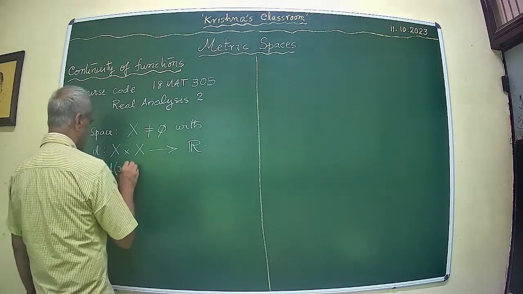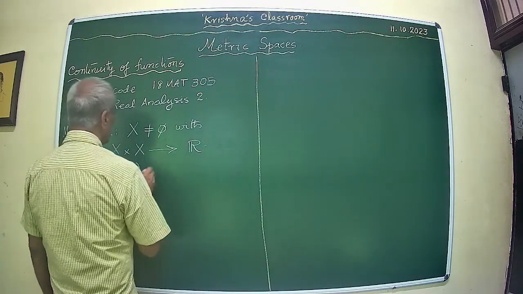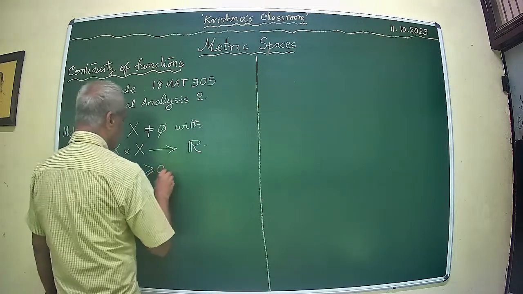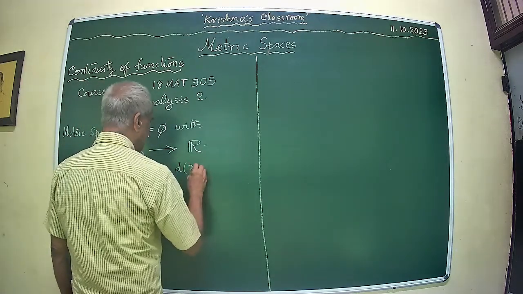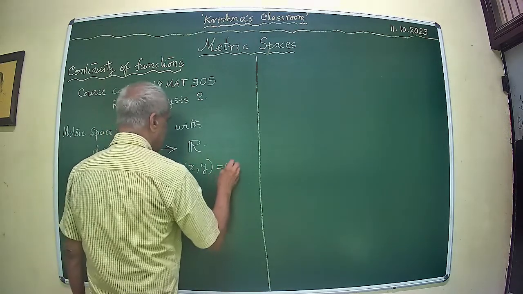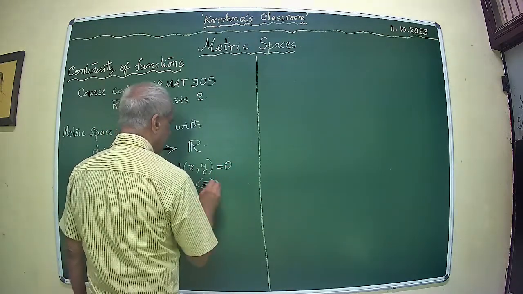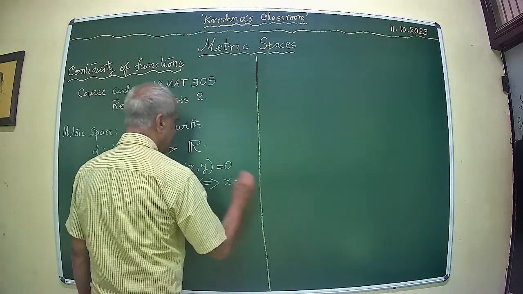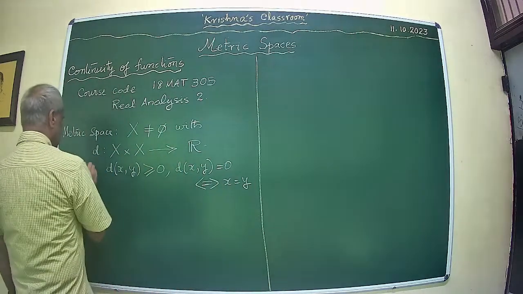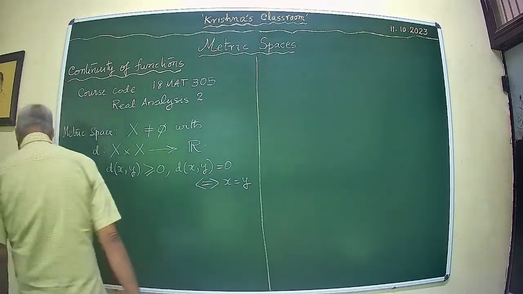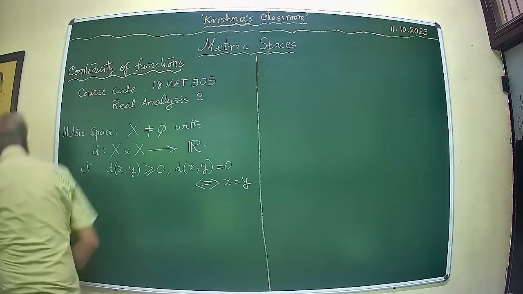d of x,y is greater than or equal to 0, and d of x,y equal to 0 if and only if x equals y. That is the first set of conditions that we impose.